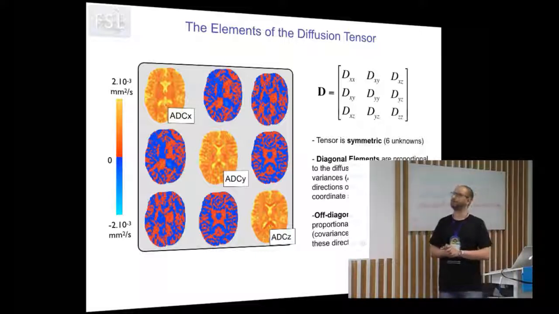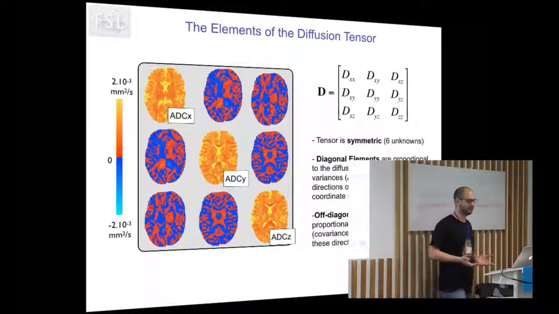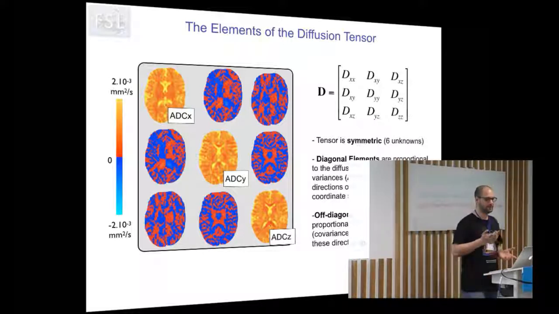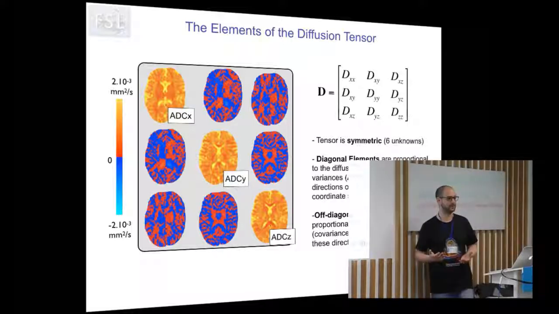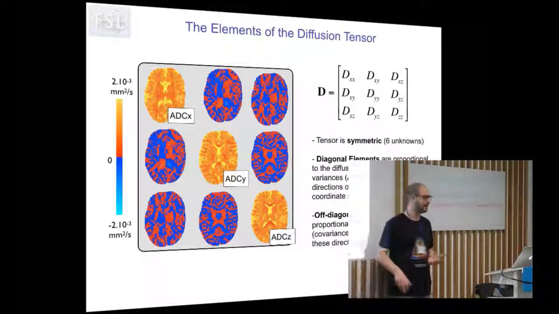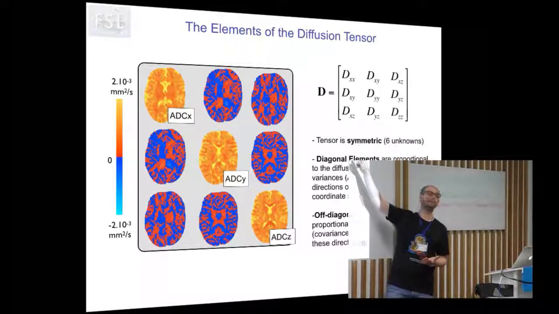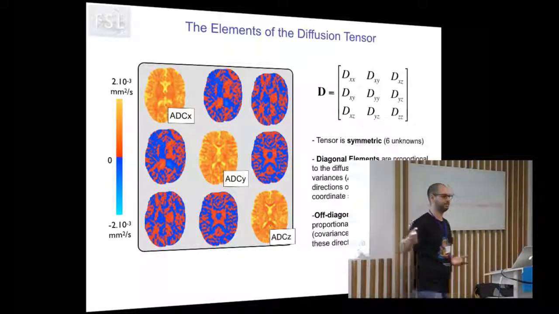And what the tensor effectively is, what the capital bold D effectively is, is a 3x3 symmetric matrix. So, meaning that what you need to estimate are 6 unknown parameters, right? Which are the parameters along the diagonal, so the apparent diffusion coefficient sampled and recovered along directions x, y, and z, and the diffusion sensitivity probed along x, but sampled along y.